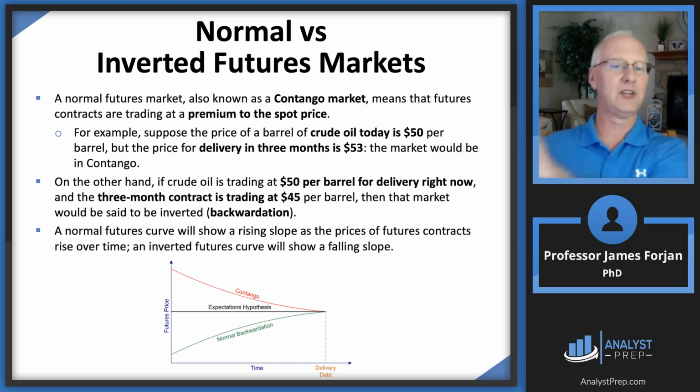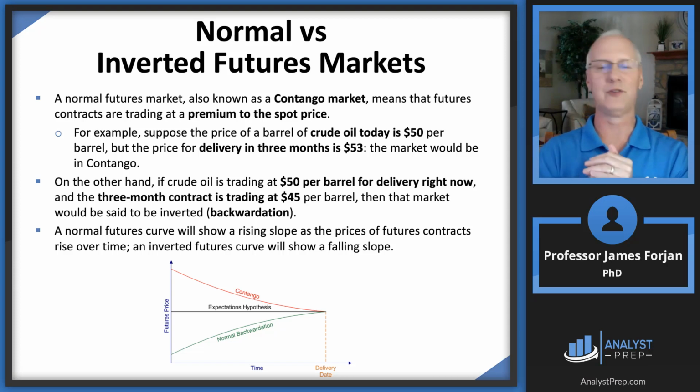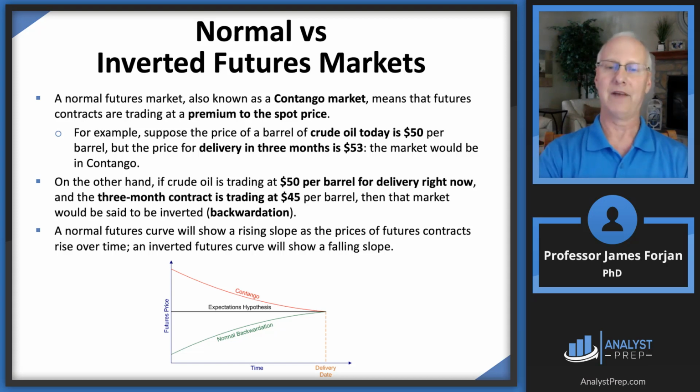But somebody just announced that they have just dug for oil over there in Alaska or someplace, and they've hit 10 billion barrels, and that's all going to be able to be extracted in 3 months. So we're expecting the price to fall in a 3 month time period. That's why if that futures price is less, $45 versus $50, that's why the green, normal backwardation, that price is going to tend to rise.